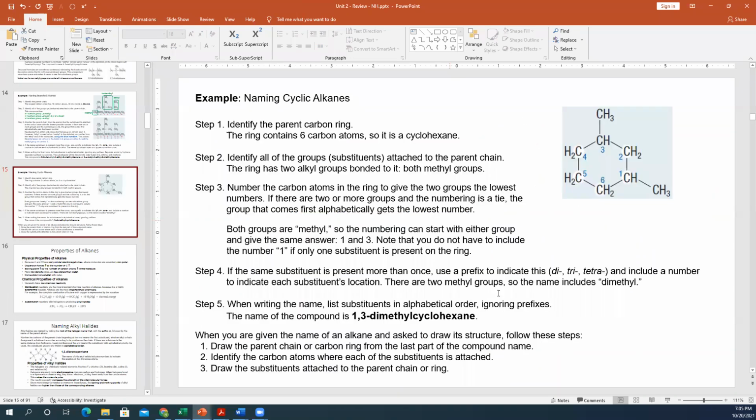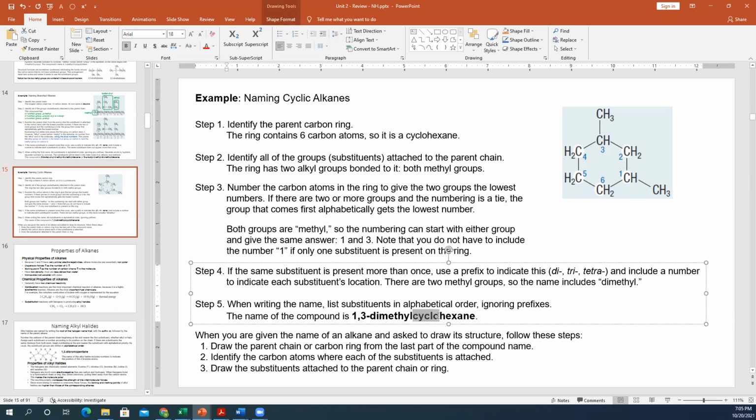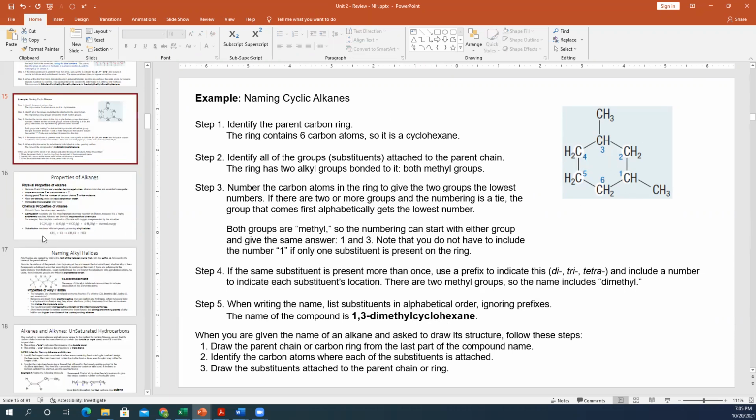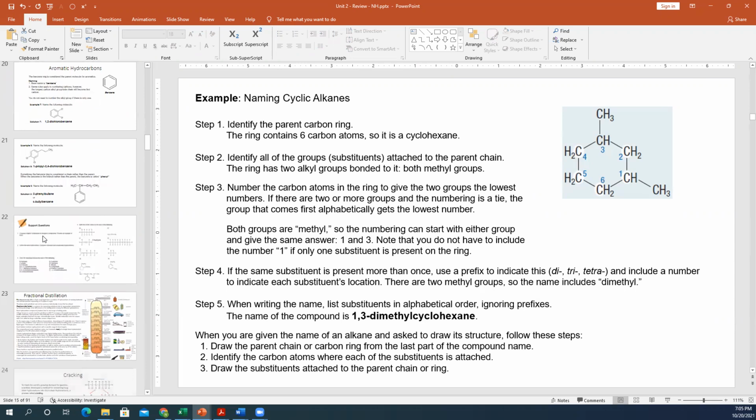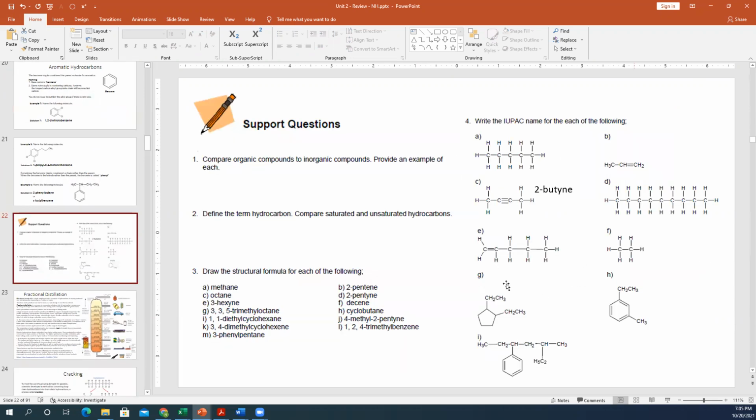What this is, is a cyclohexane. So we start by numbering how many carbons there are, and then we use the word cyclo in front of it. So this is a hexane because it's 6, and it's a cyclo because it's cyclized. So let's go back to our specific example and see how we're going to name this.